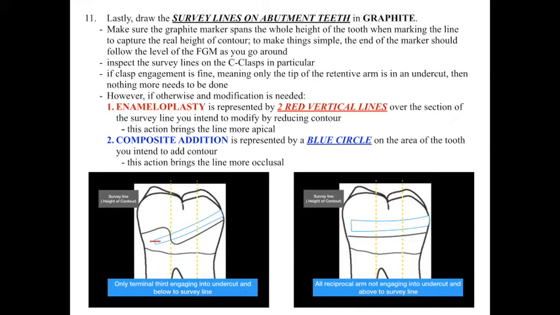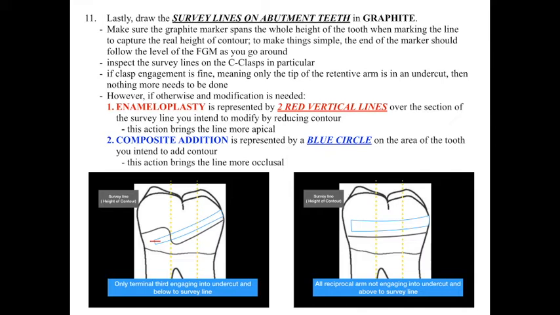The terminal third should be below the survey line, meaning it engages into the undercut, but the first 2/3 should be above. If your survey line doesn't really follow this, then you should do the modification. That means you should do enamelplasty or composite addition to change that.